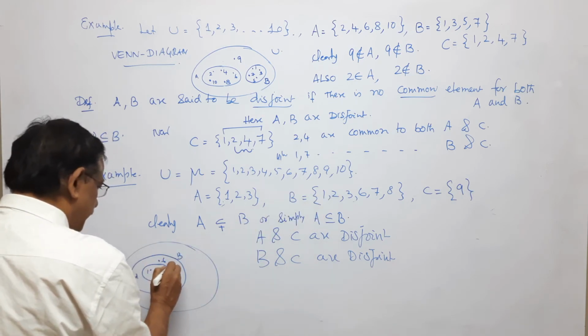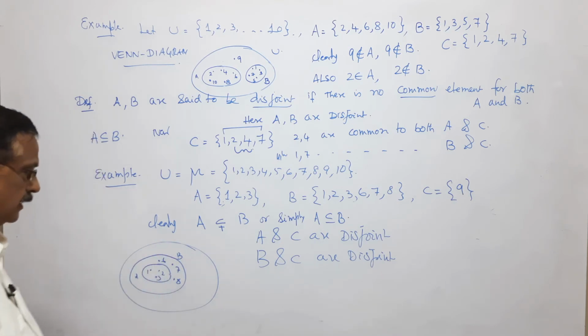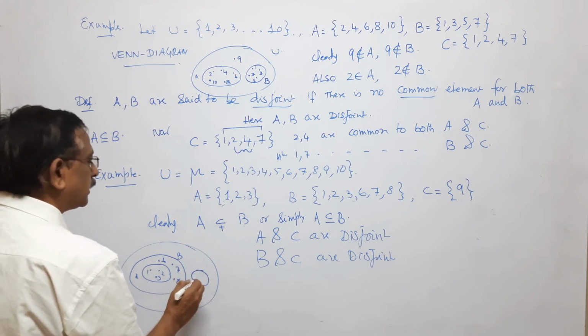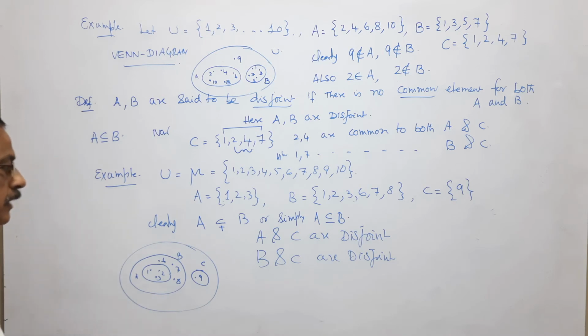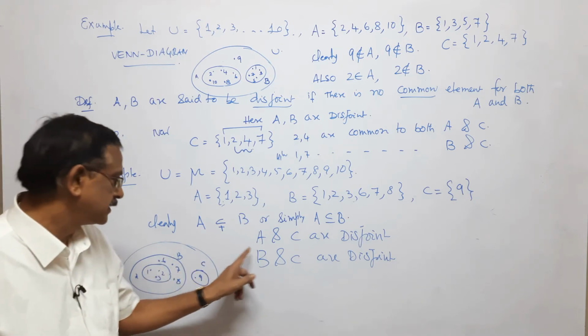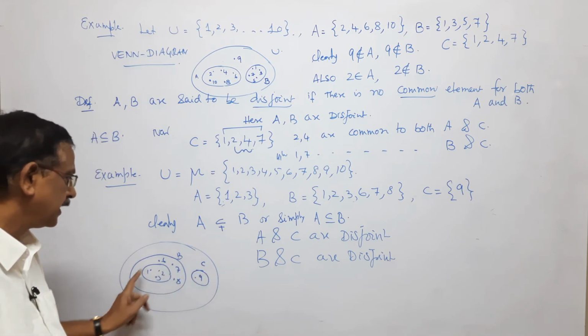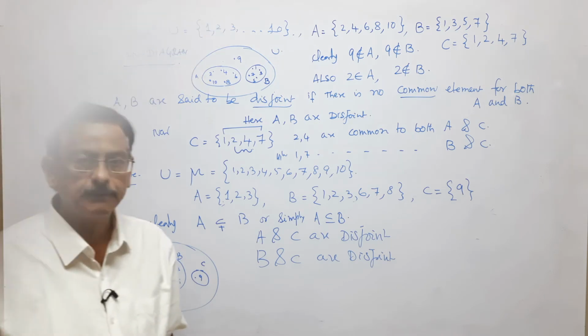So I can write down 6, 7, and 8. Now C is singleton 9. That means 9 is here. This is C. Now let us see. A is a subset of B. B and C are disjoint. A and C are disjoint. There is no common element for A and C.